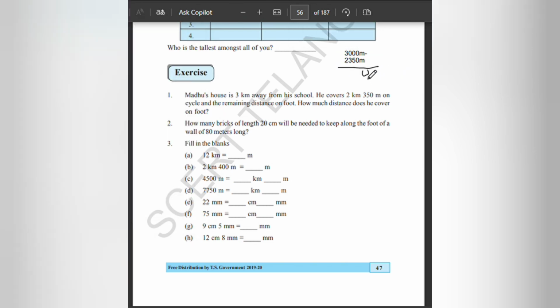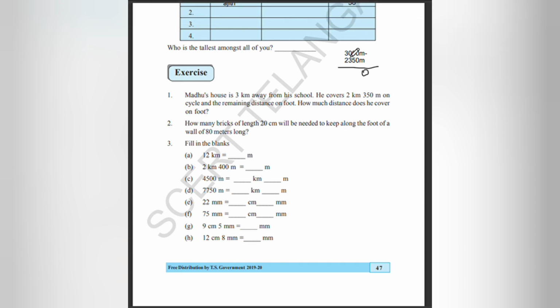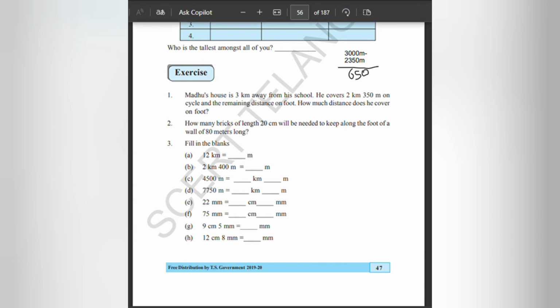0 minus 0, 0. 0 cannot be subtracted from 5, so borrowing 1 from here, it becomes 10. 10 minus 5, it is 5. Now here it is 9 minus 3. How much is 9 minus 3? It is 6. Okay, 650 on foot.